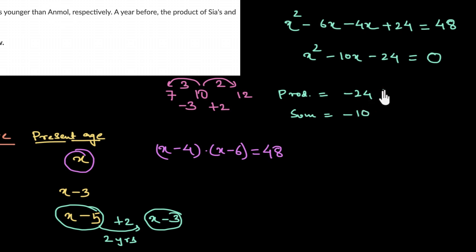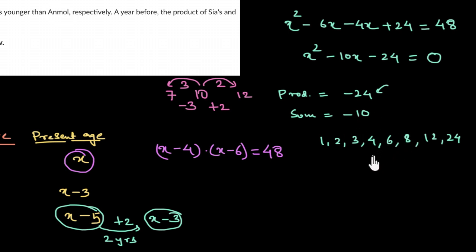So let's start thinking in terms of factors of 24. The factors of 24 are 1, 2, 3, 4, 6, 8, then we would have 12 and 24.